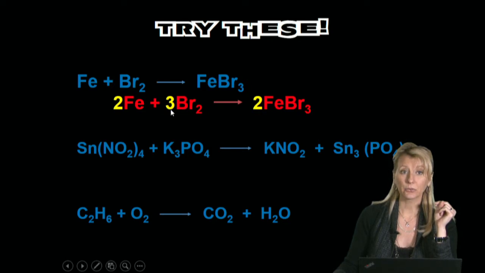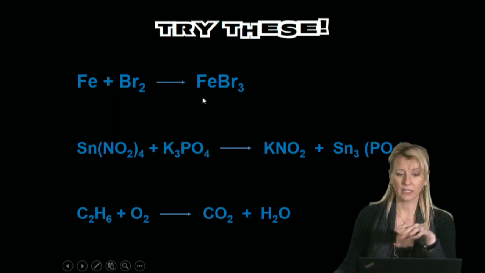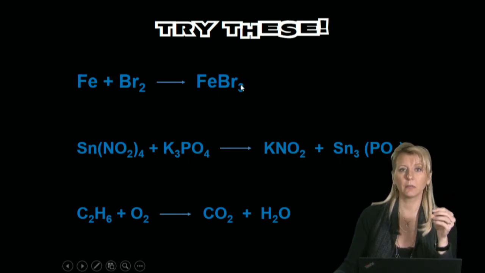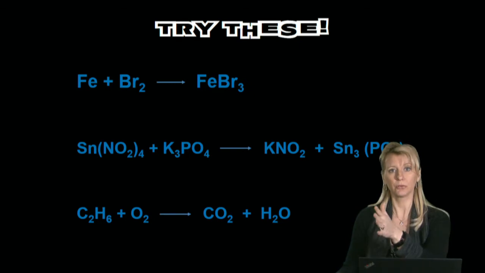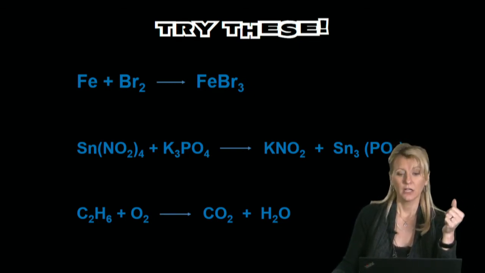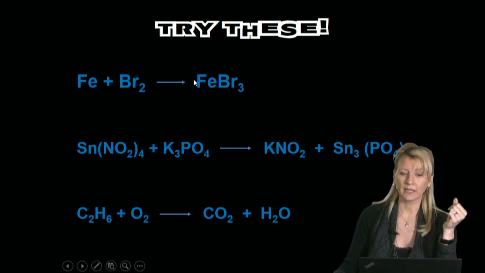And then I add a 3 over here, and that gives me 6 bromines. So if we go back here and look at this, we have a 2 here and a 3 here. The closest common denominator is 6. So we want to get them to 6. By adding a 2 here, that gives me 6 here, and adding a 3 here, that gives me 6.